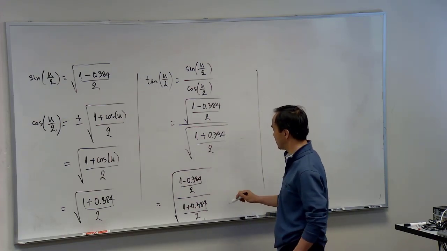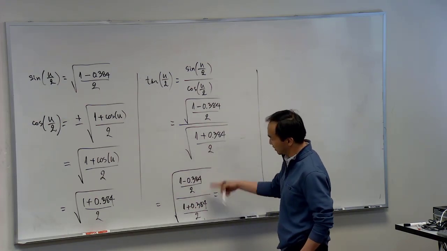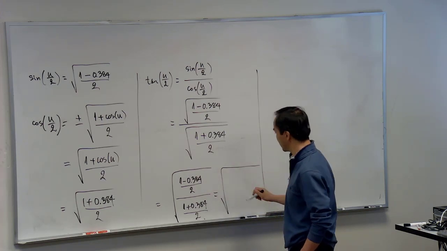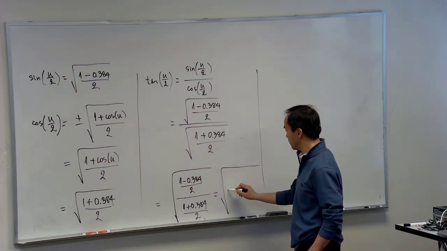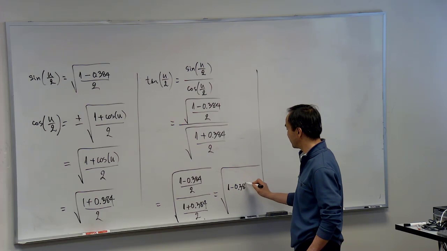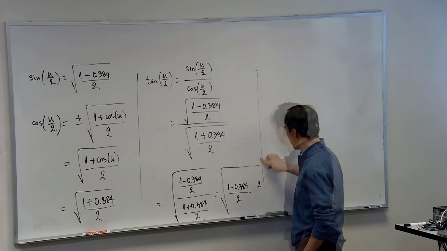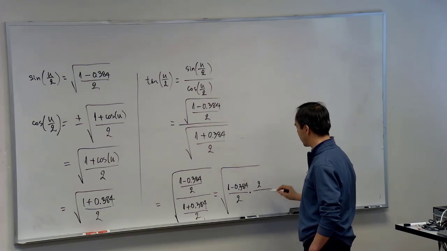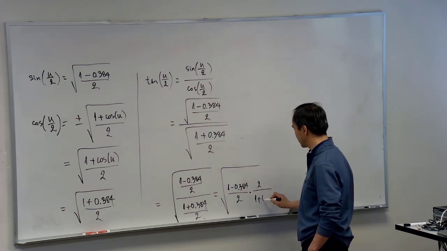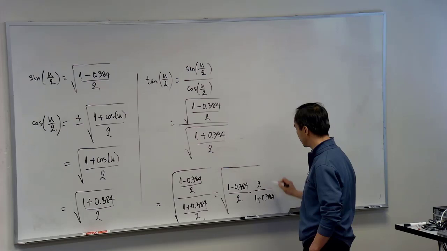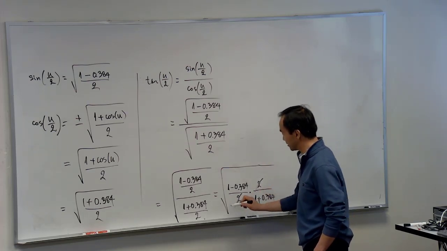Take that inside the square root, and now the square root can be reexpressed. Here we got 1 minus 0.384 over 2, we multiply that with 2 over 1 plus 0.384. So now we cancel out the 2 here.